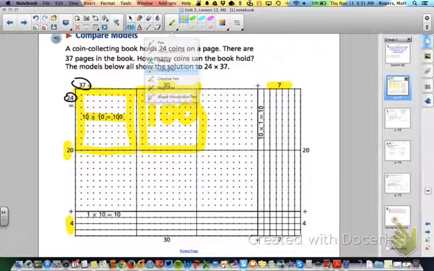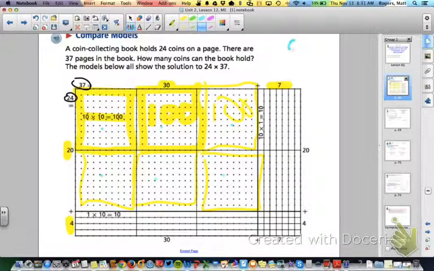Again, 10 by 10 is 100. That continues for 6 total boxes. I apologize for my lack of straight lines, but hopefully you get the idea. In all, it gives me 100, 200, 300, 400, 500, 600. So my first partial product is 600.